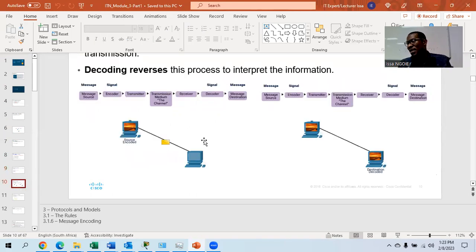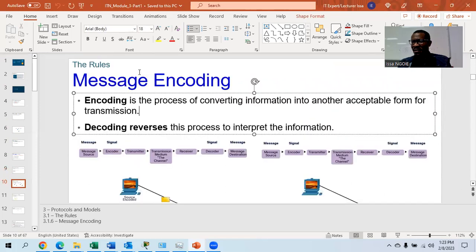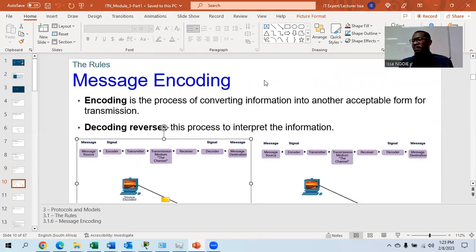Okay. What does it mean by message encoding? Right? Message encoding is the process of converting information into another acceptable form for transmission. So when you have a protocol, one of the requirements that your protocol must do, your protocol will encode messages.